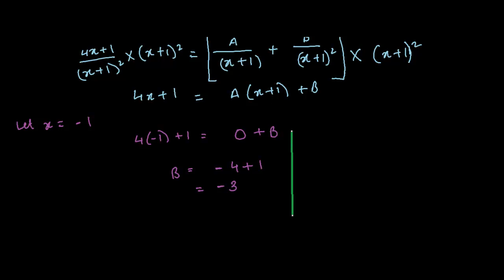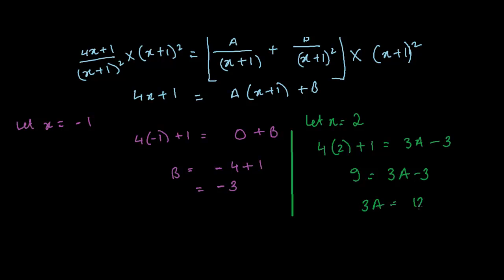So let x be, say, 2. So 4 times 2 is 8, 8 plus 1 is 9. 9 is equal to 3a minus 3. 3a is equal to 12. a is equal to 4.